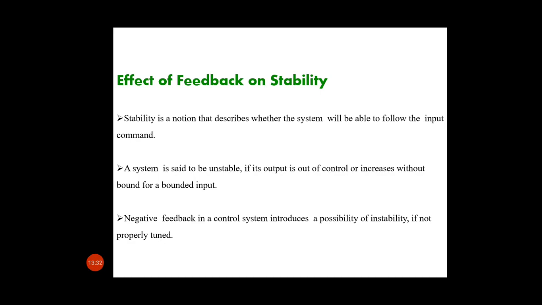For example, if you have a negative feedback control system with transfer function G(s) divided by 1 plus G(s)H(s), and if your GH value is equivalent to negative one, what will you get?